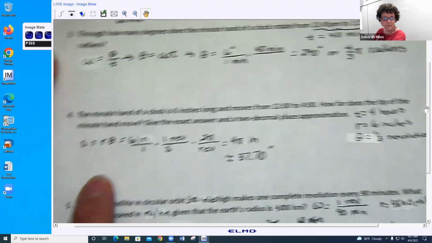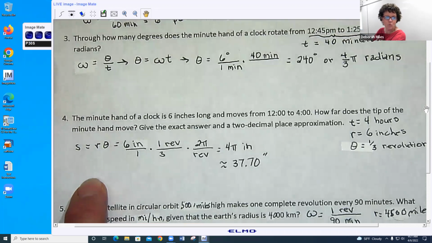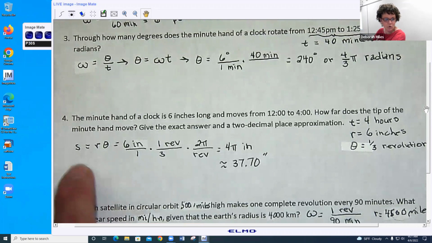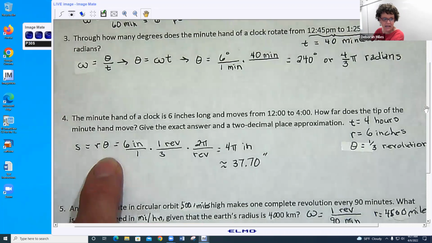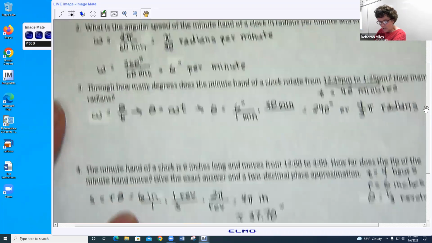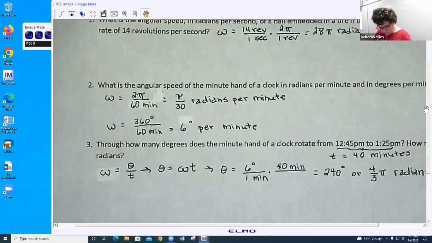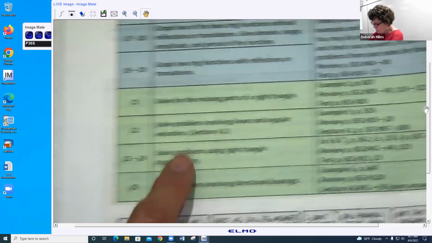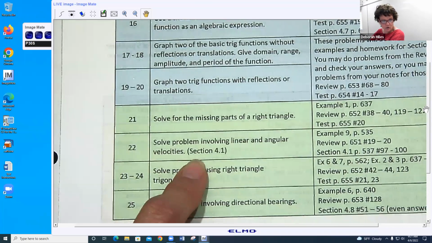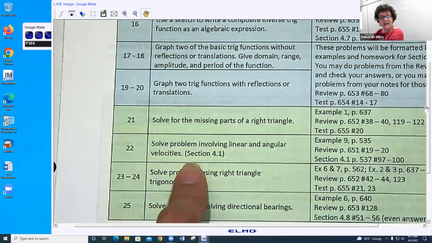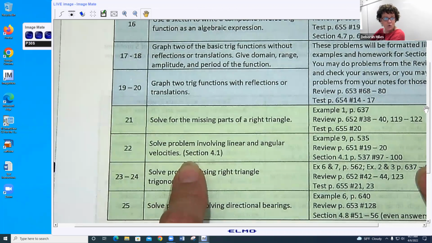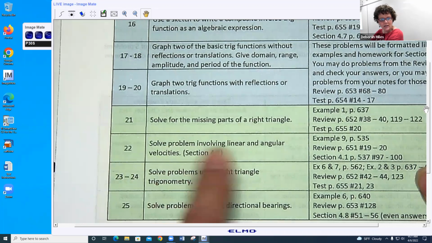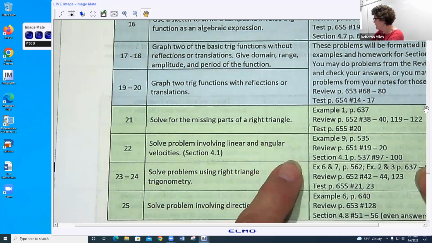That was the problem that was like the one on part A. You were looking for a distance a minute hand had moved. You have one problem on part B of the test, number 22. It has 2 parts. One of the parts is looking for a linear velocity. One of the parts is looking for an angular velocity.